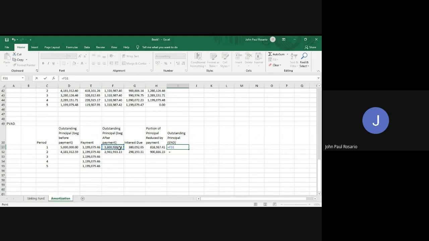This is not it. Something's off. It should have been different there. And yes, it will be different for our handwritten solution.